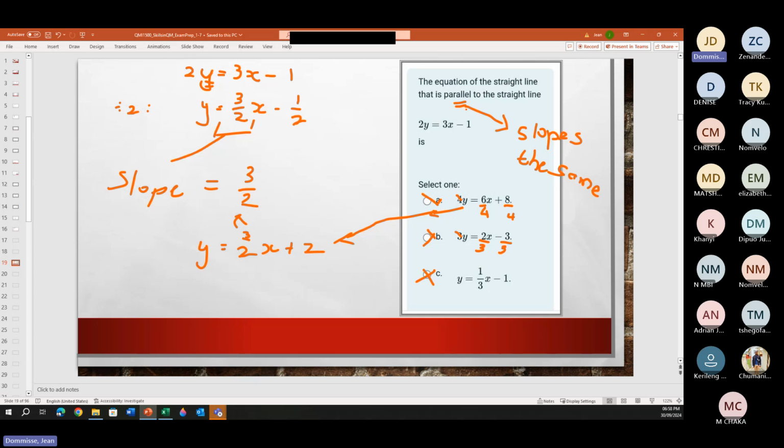So when it's parallel, we need to remember that parallel means that the slopes are the same. And because they didn't give you more information, there will only be one of these lines that has the similar slope. They're not going to list 2 or 3 that have a slope of 3 over 2, because then they need to give you more information.